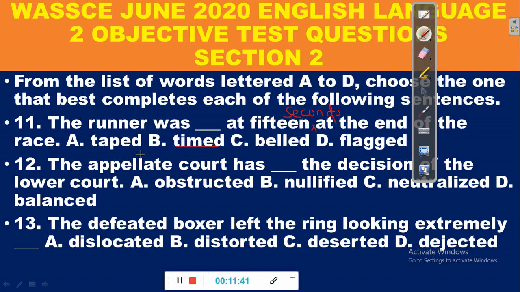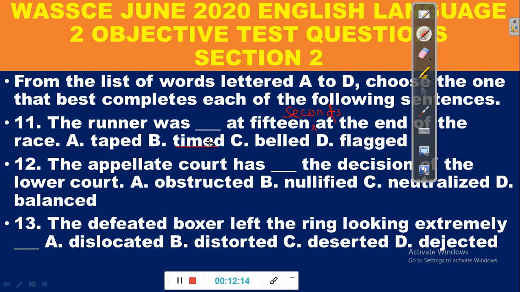Then let's examine option B, which is timed. What does timed mean here? To time something or someone is to measure the time taken by a process. For instance, if someone runs in a race, you can measure the time it has taken him or her to get to the finishing line.